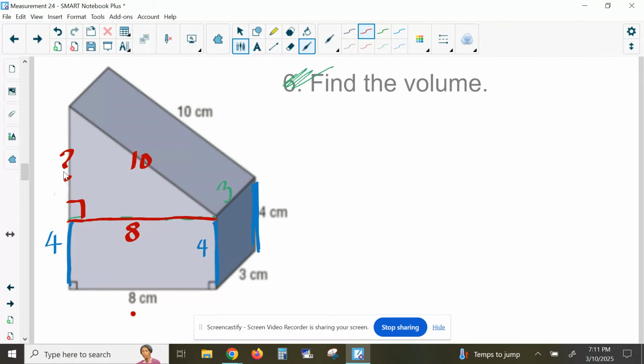Yep, you guessed it, Pythagorean theorem. So you're going to have to do Pythagorean theorem to get this question mark side. And then you should be able to find the volume of the bottom box, plus the triangular prism on the top. And then you could add them together to get all that.